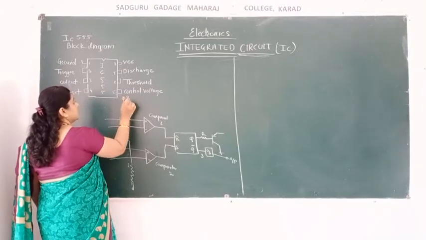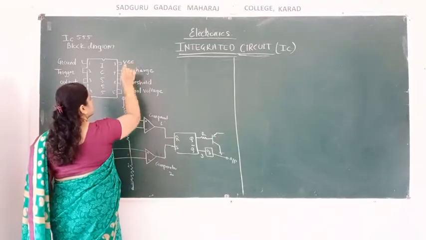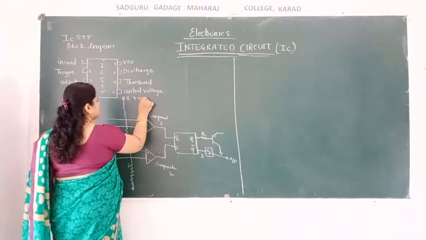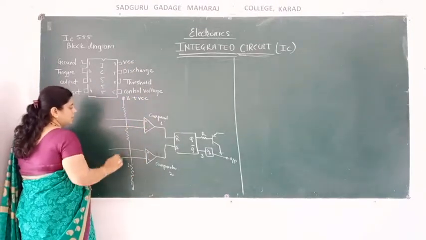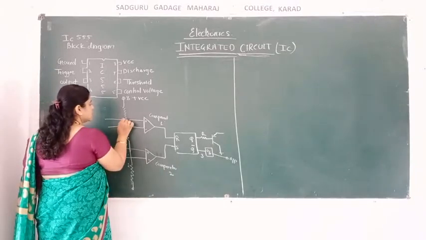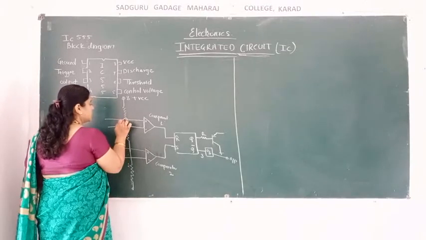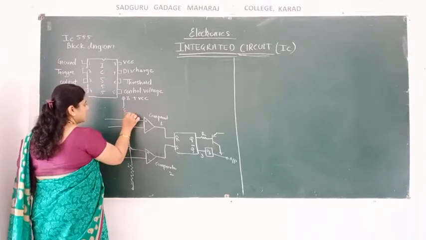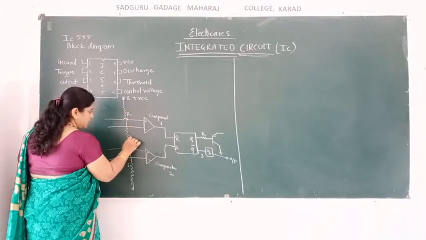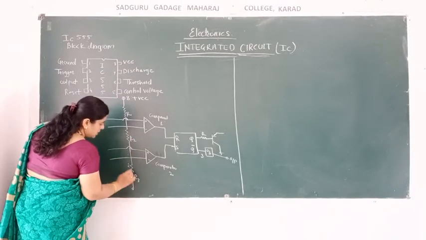This is pin number 8, where we apply plus VCC. Here the positive and negative supplies are connected like this. There are three resistors, R1, R2 and R3.